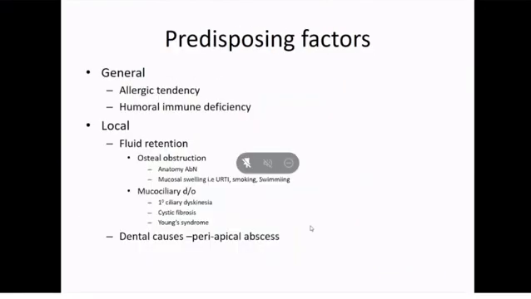Okay, so if you look back here, there are two main causes of fluid retention. One is the ostium becoming blocked, obstruction, and second is mucociliary dysfunction or disorder, or it could be both combined. So ostial obstruction, as I said just now, is mainly due to mucosal swelling, from smoking, URTI, swimming causing URTI.